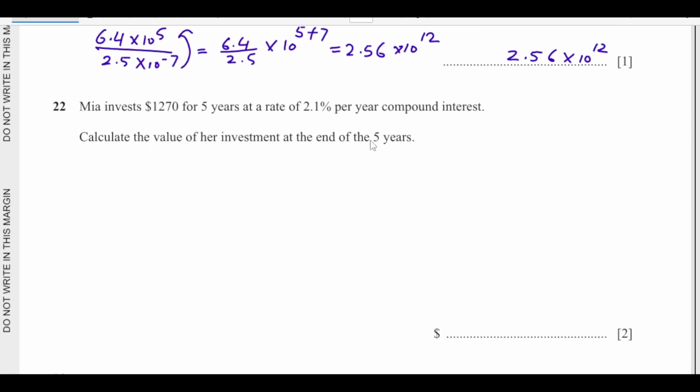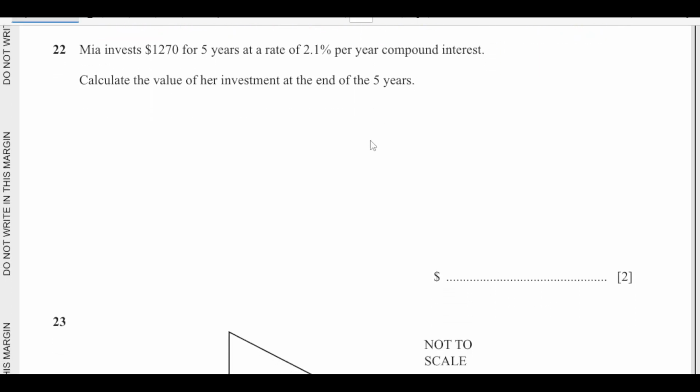Now number 22, Mia invests $1,270. So this is the principal amount for 5 years, which is the number of years, at 2.1 per year compound interest, which is the rate of interest. Calculate the value of the investment at the end of the year. Direct question, just using the values.